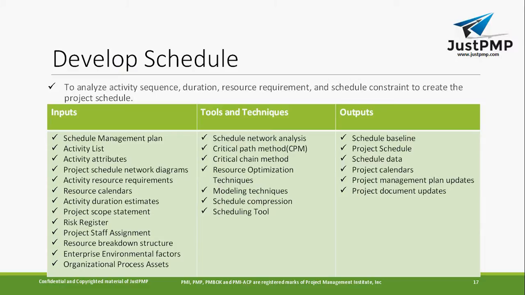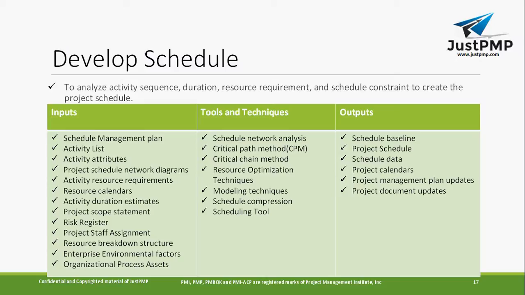Then you'll have the project scope statement at a higher level, because when developing a schedule for a project you should know the project scope statement. And the risk register, the list of risks in the project. This will help you develop the schedule, so you understand what the risks are and what the mitigation plan is.